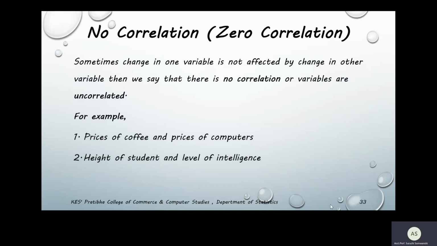The price of coffee does not at all affect the price of computers. Similarly, the height of students and the level of IQ. Price of milk and price of pens. Whether the price of milk rises or falls does not affect the price of pens. So these types of relations are no correlation, or zero correlation. That means these variables are uncorrelated.